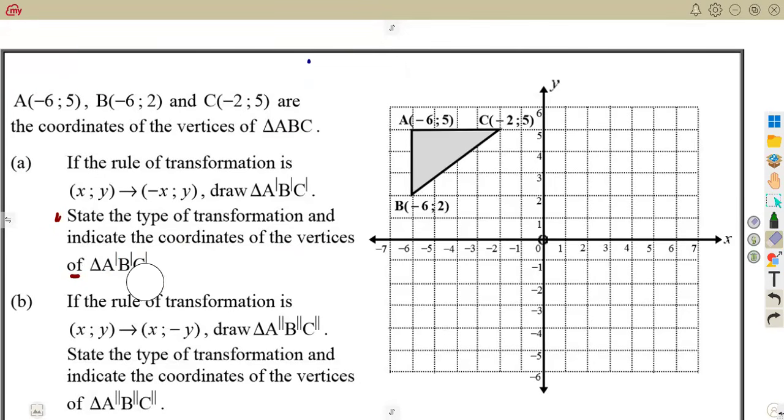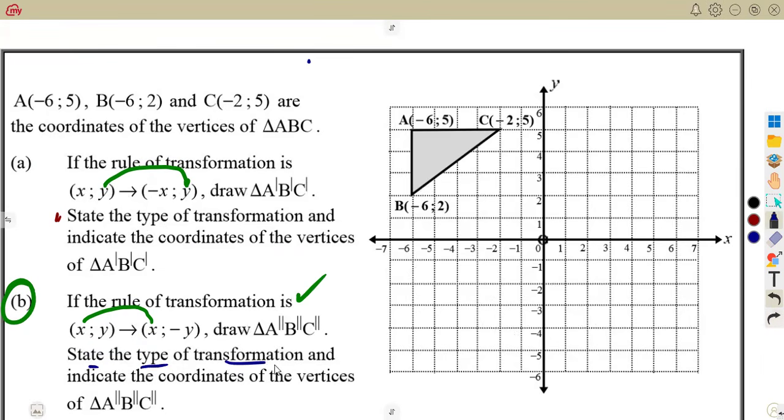All right. So that was a reflection in the what? In the y-axis, as we saw that y is not affected. B, if we are to consider this, they are saying if the rule of the transformation is x to x, y to minus y, as we can see, y is being affected this time. It is x which remains as x.